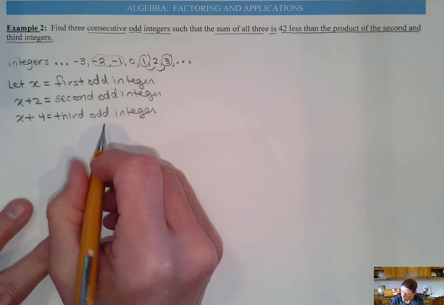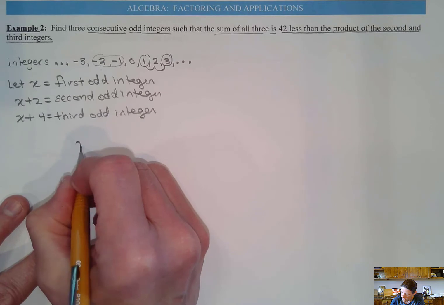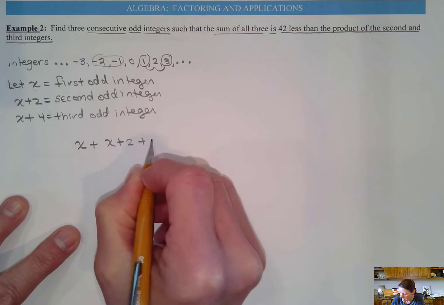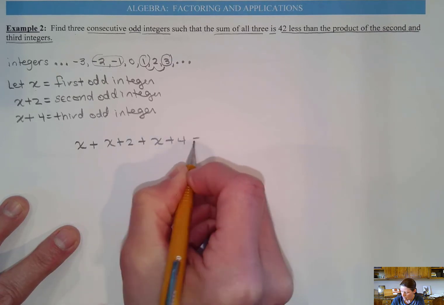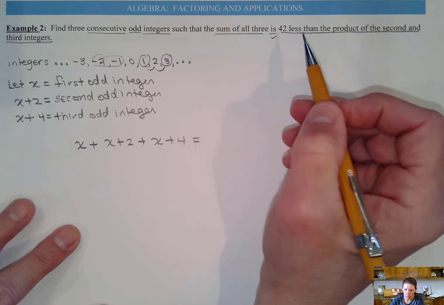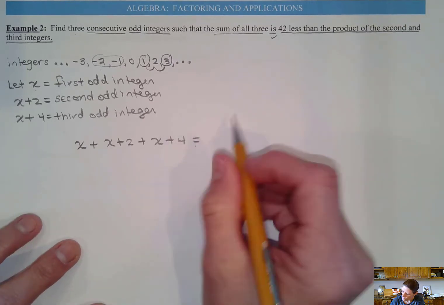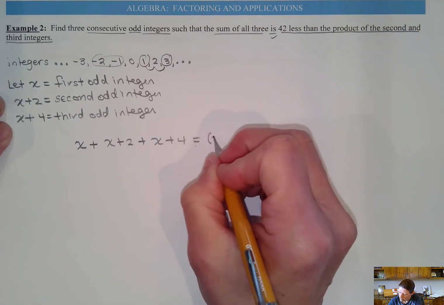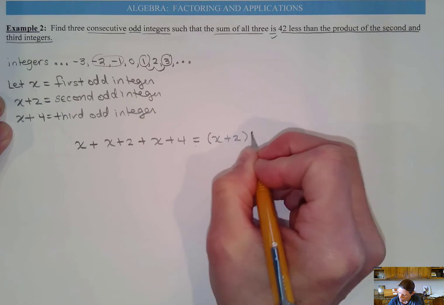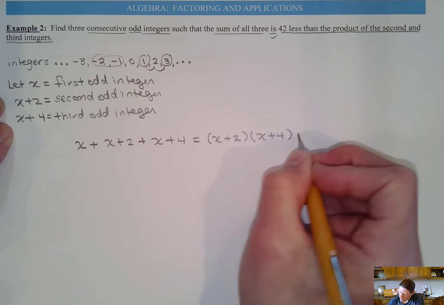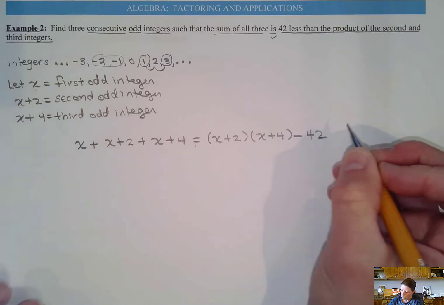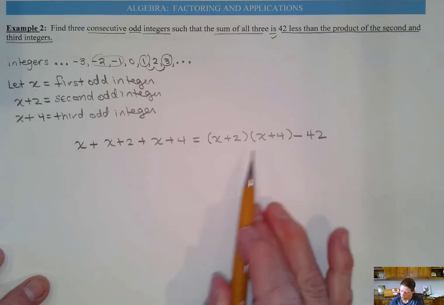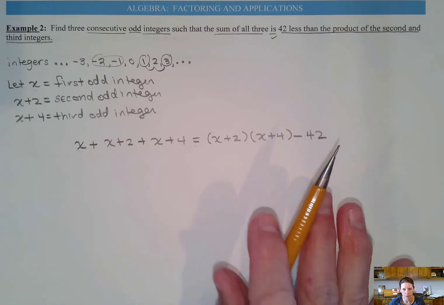All right, so the sum of all 3, we're going to add x plus 2 plus x plus 4 is, we interpret as the equal symbol, and 42 less than the product of the second and third. Product means to multiply the second and third: x plus 2 times x plus 4, and subtract 42. The sum of all 3 is 42 less than the product of the second and the third.